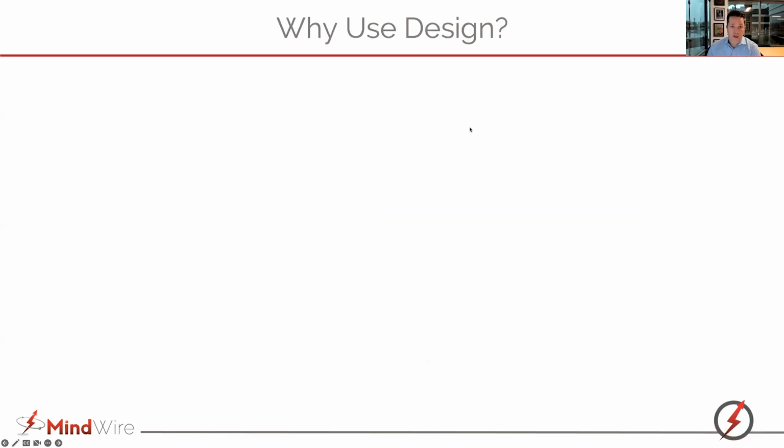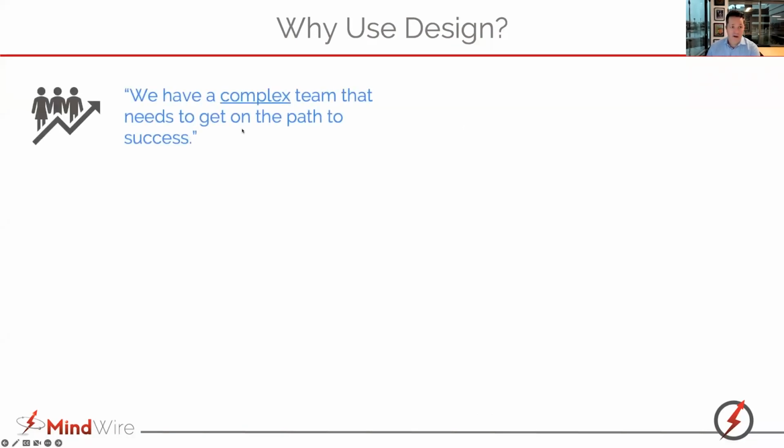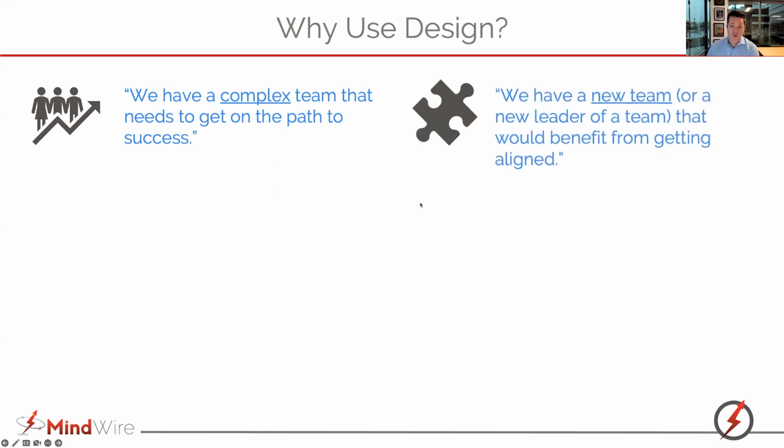So why use design, or where can it help, right? Complex teams that maybe have people that do or don't know each other, or the task that they need to accomplish has some complexity and significance to it, and we need to make sure that this team is highly successful. Great case study. A new team, or maybe a new leader that would benefit from being better aligned for sure.